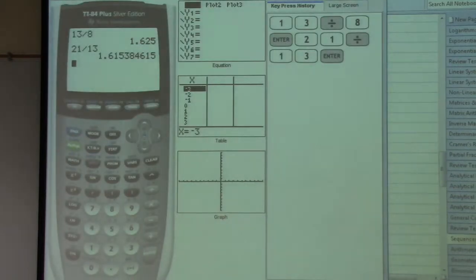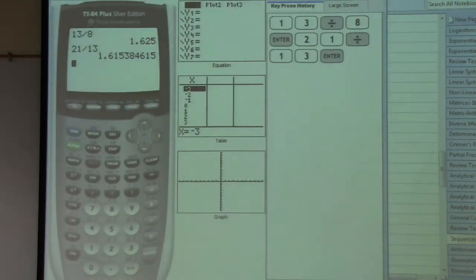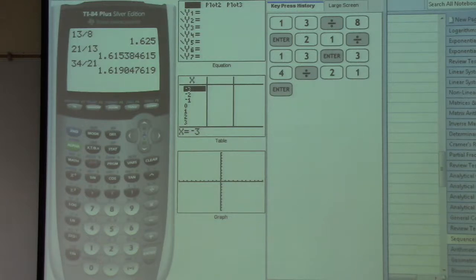The next one would be the 34 over 21. So 34 over 21 is approximately 1.619.